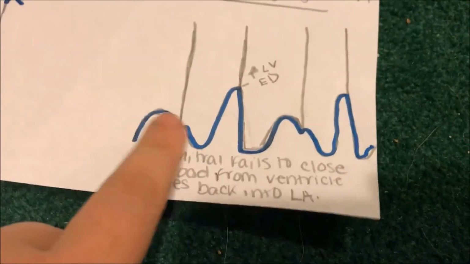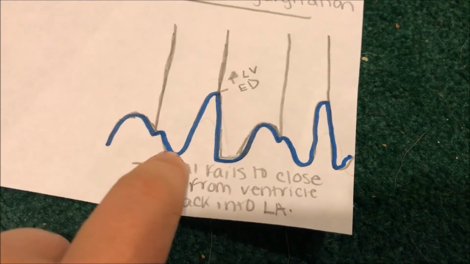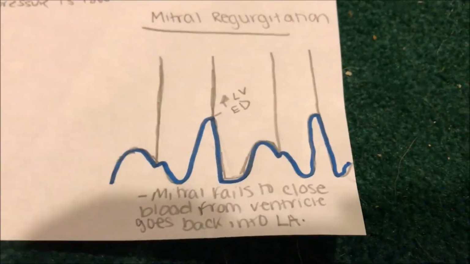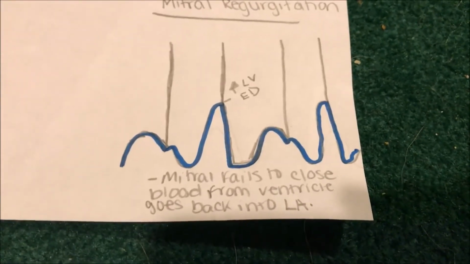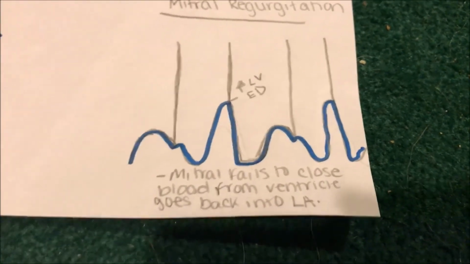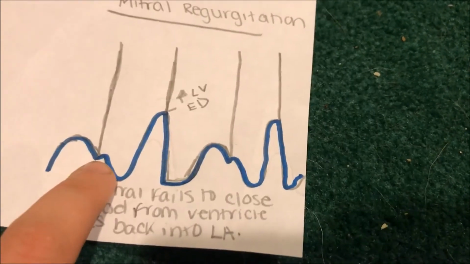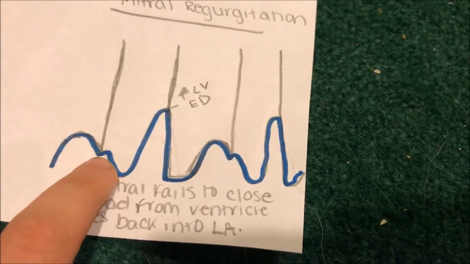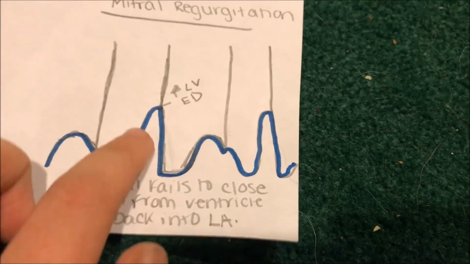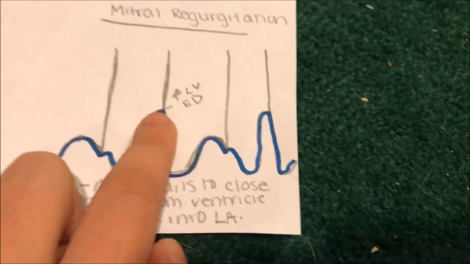So the valve closes, so then the atrium is filling and doing its thing, and what happens is the mitral valve fails to close, so blood from the ventricle goes back into the left atrium. So the ventricle, when it contracts, opens, and it pushes blood not only to the aorta, but it's also pushing blood back into the left atrium, which is why there is a huge increase here.